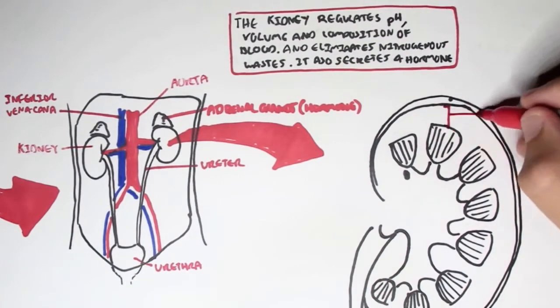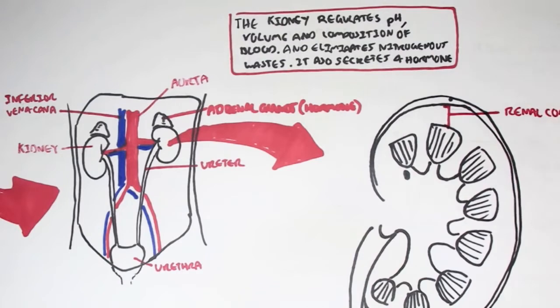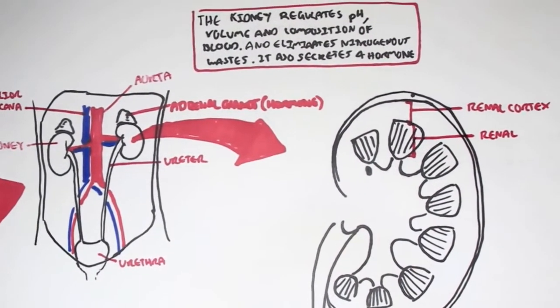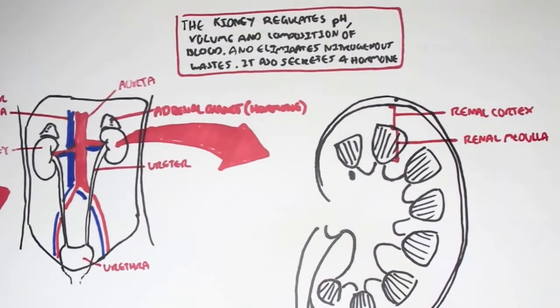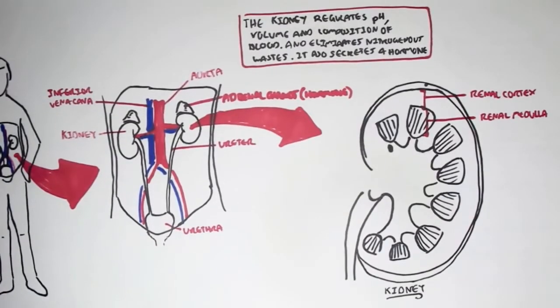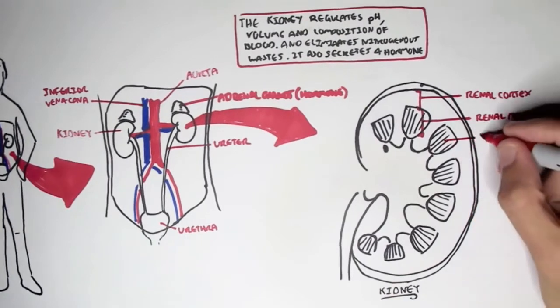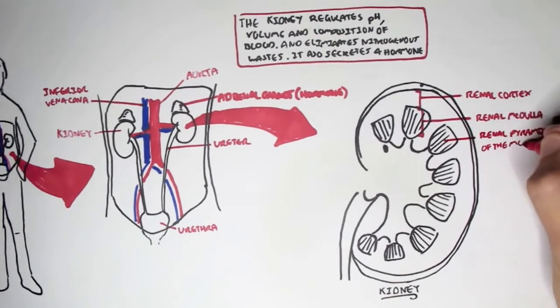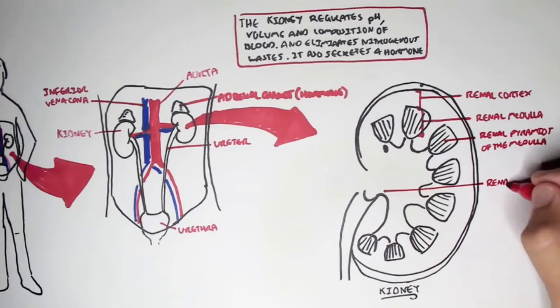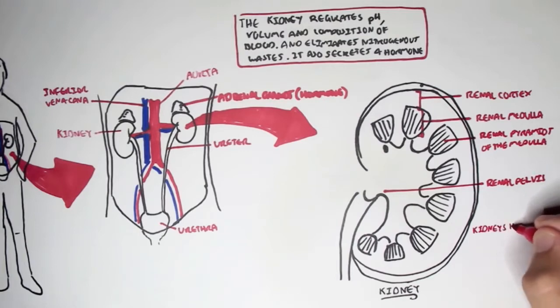Now, the main structures of the kidneys: we have the renal cortex, the outer section of the kidney, and then we have the renal medulla, the inner part of the kidney, and then we have the renal pyramids of the medulla, and pyramids are only situated in the medulla usually. And then we have the renal pelvis, which connects to the ureter.